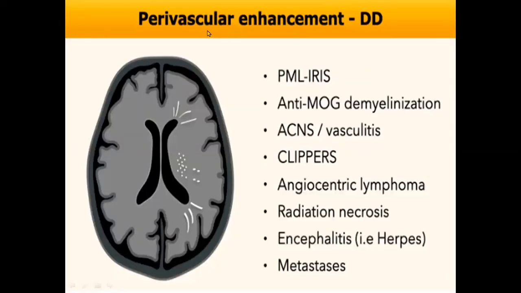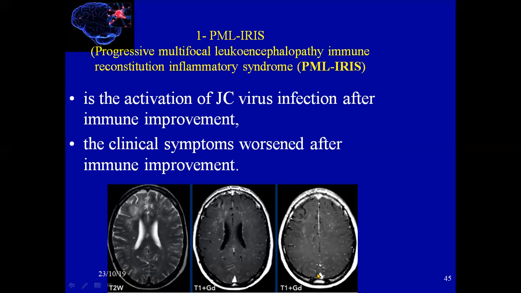Here we move to another enhancement pattern called perivascular enhancement, which can be seen in PML-IRIS and also demyelinating diseases, vasculitis, CLIPPERS, lymphoma, radiation necrosis, encephalitis like herpes, and also metastasis. Starting with PML-IRIS, PML is progressive multifocal leukoencephalopathy.